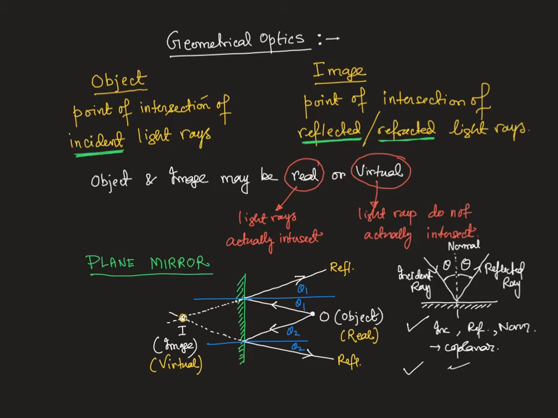If it exists, you can cast it on a screen, but that you cannot do. So that is why it is a virtual image. So real object, virtual image. And from similar triangles, you can prove that these distances are same, I mean, if this distance is x, this distance is also equal to x. Okay.